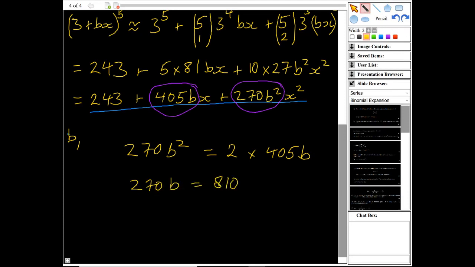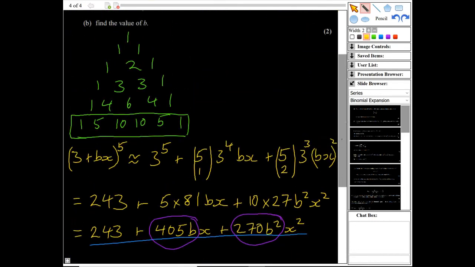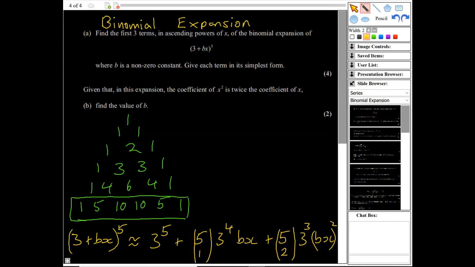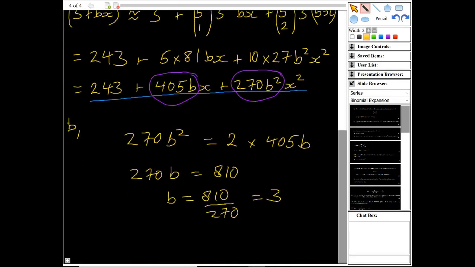Then I can divide both sides by 270, so b is 810 over 270. You should be able to see then that gives me that b is 3. So that's a nice, simple, straightforward number, which would suggest I probably got it right. So we finished there. We've got a fairly straightforward question. We've got 6 marks and we've got them all quite well. So we'll stop there.